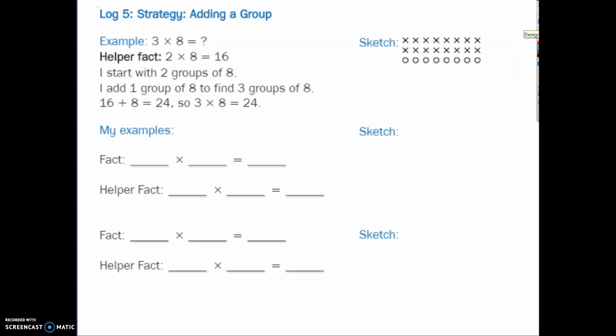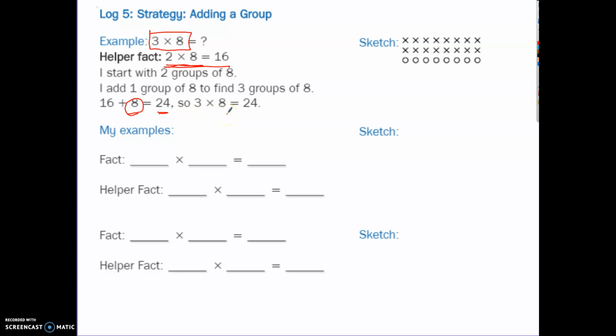Add a group. So if I want to know what 3 times 8 is, I can use my helper fact because I know that that's 16. So I start with 2 groups of 8, and I want 3 groups of 8, so I have to take my 16 and add that other group, and I'm going to get 24, so that means 3 times 8 is 24.